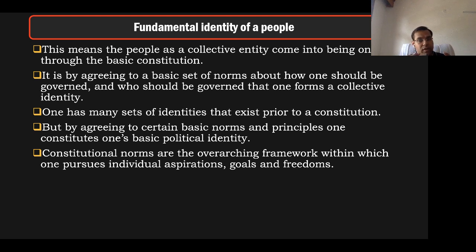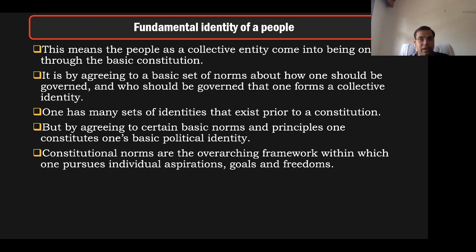So if there is the right to freedom of speech, the right to hear and get heard, the right to be silent, similarly you have the right to know, and that is why the right to information is important. That is your individual aspiration. If you want it, people would have to disclose it. It is not that it cannot be disclosed. Your goals and freedoms have been granted via the Constitution of India.